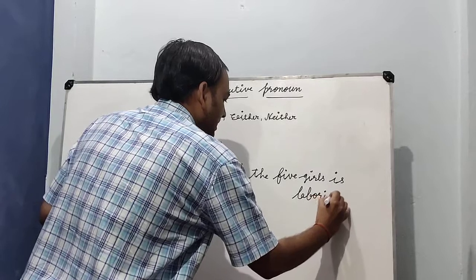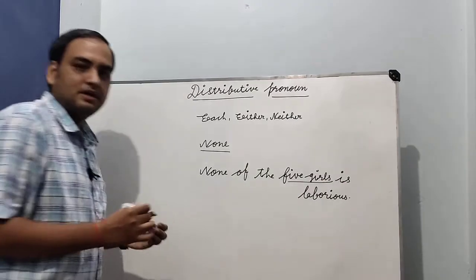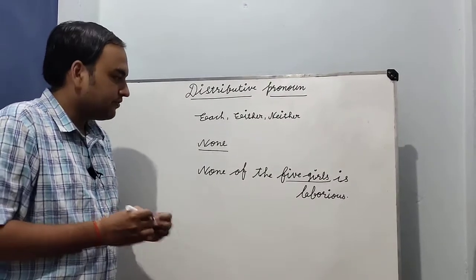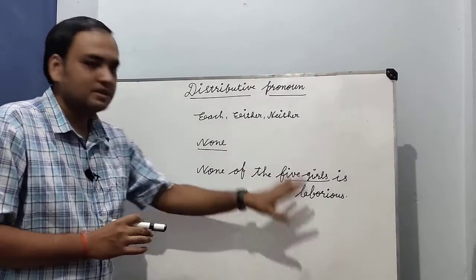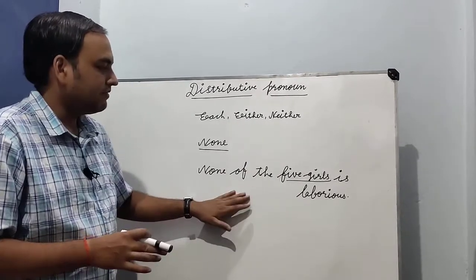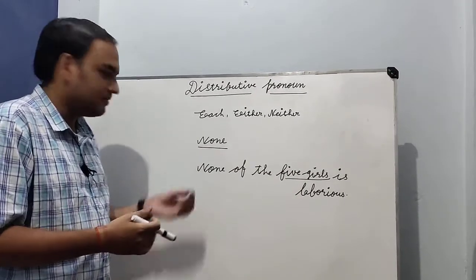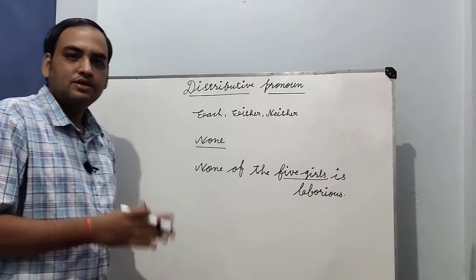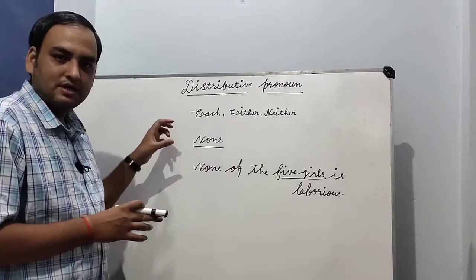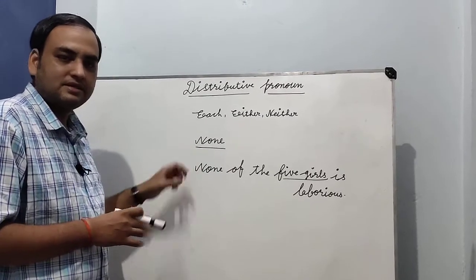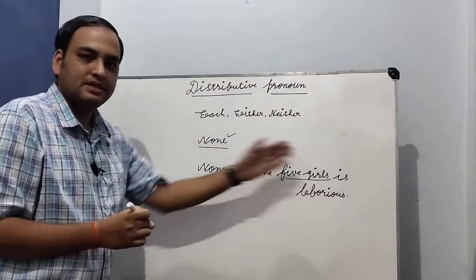This shows that there are 5 girls, but none of the 5 girls is laborious according to this question. So we are talking about more than 2 girls in this particular sentence. If we are talking about more than 2 components in a negative sense, we will use none. None of the 5 girls is laborious.